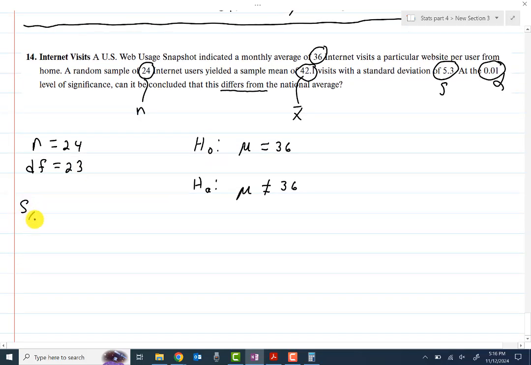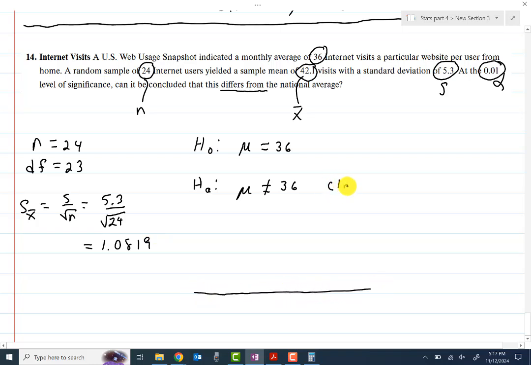And then s sub x bar, that'll be s over the square root of n. s was 5.3 divided by the square root of 24. I get 1.0819 for that. Let's draw a picture.